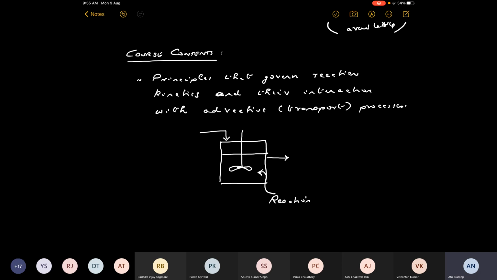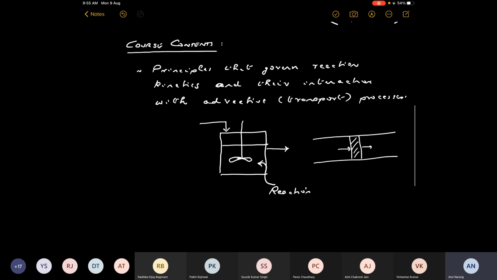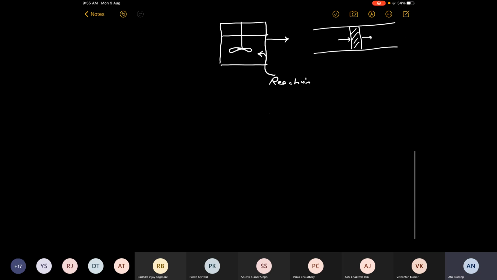In the case of a plug flow reactor, for example, if you take a look at any thin element, you have not only reaction taking place in that element, but you also have diffusion in and out of that thin shell. So what we are looking at is basically reaction kinetics plus its effect due to transport.